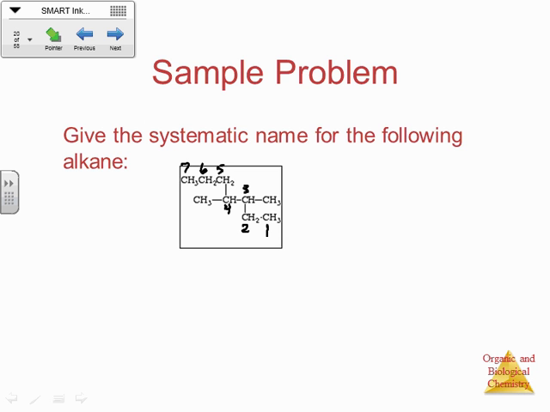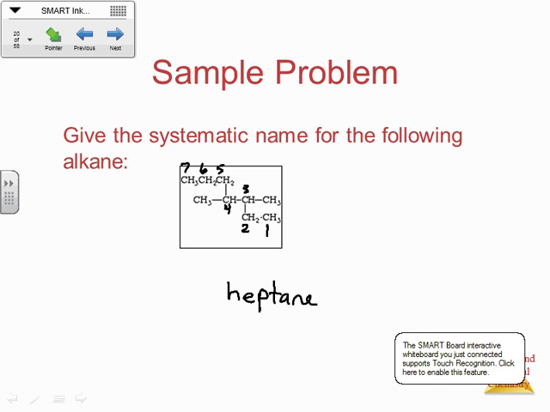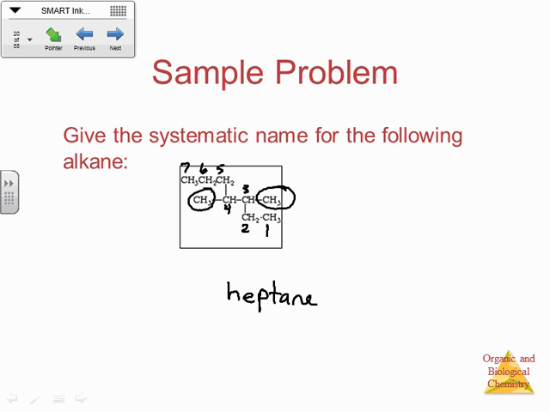So immediately we know we're going to call this heptane. And then we just need to figure out what prefixes to put in front of this based on the substituents. This one's not too bad, because we've got one here and one here, and these are both methyl groups.